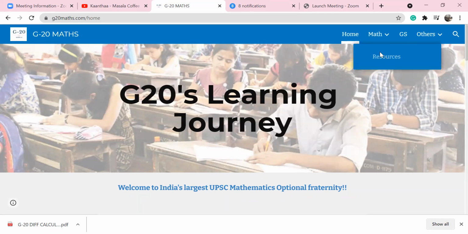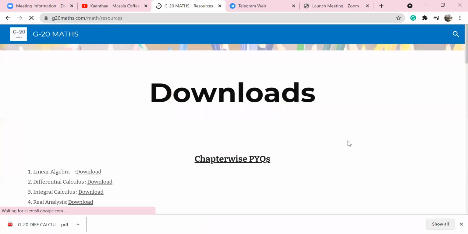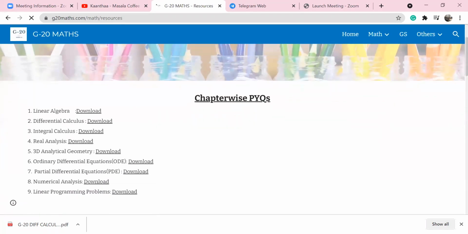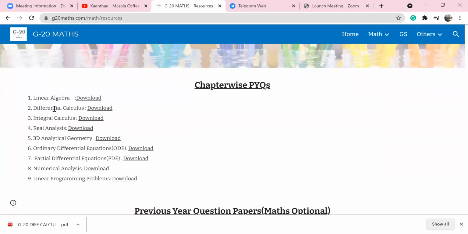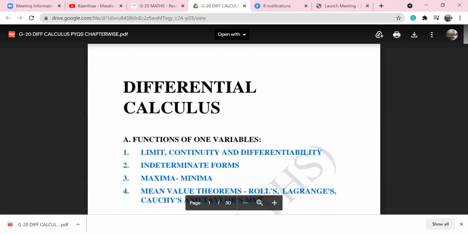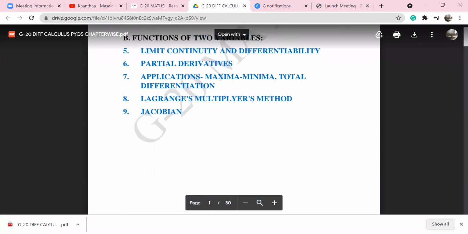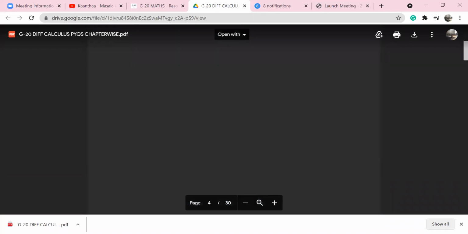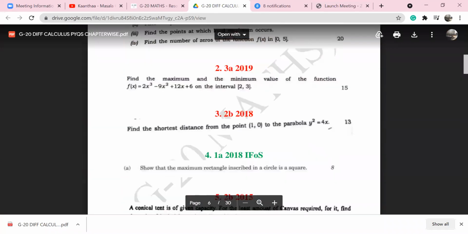In maths, you can go to resources, and in downloads you will find Differential Calculus chapter-wise PYQs. If you open those PYQs, you will have the PYQs for this topic also.